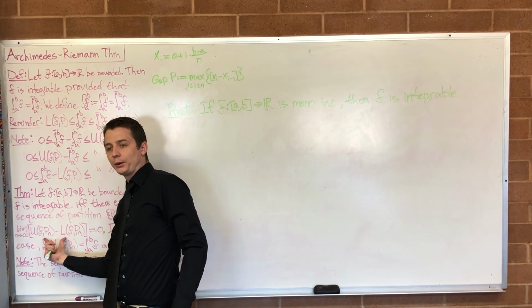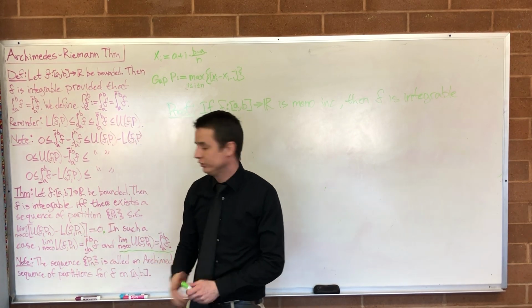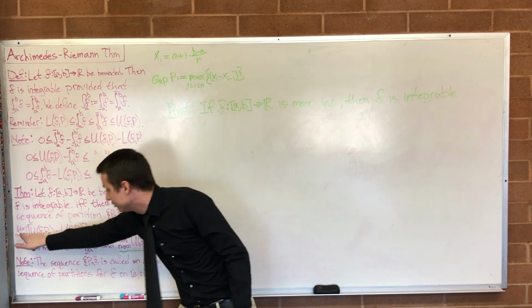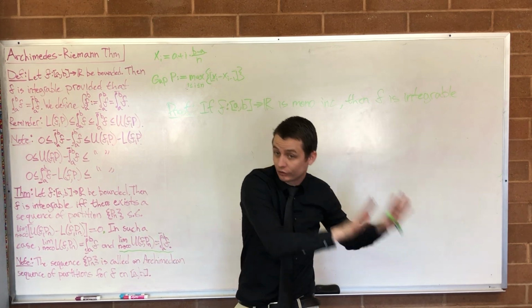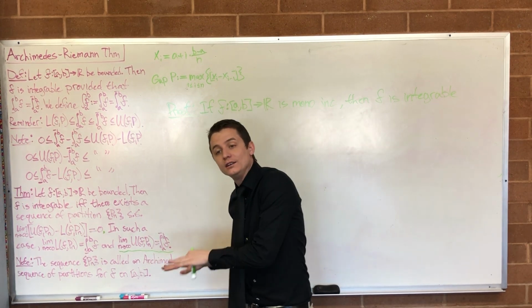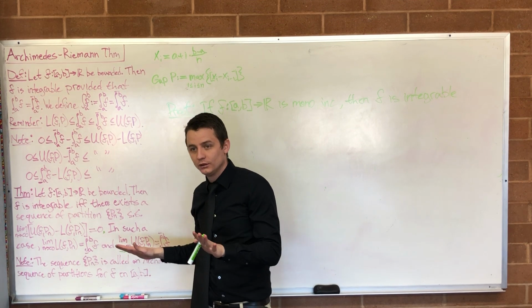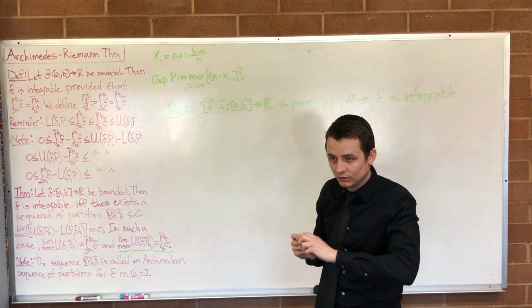So I'm going to put a regular partition on that thing, which is going to be one of these Archimedean partitions, and show that the limit of this difference between its upper and lower Darboux sums is 0. Therefore, it's integrable. We're not proving what the integral is, we're just proving that we can calculate an integral of all functions that look like this now. That's all we're proving. And then we'll actually calculate some by hand afterwards. Make sense? Okay.